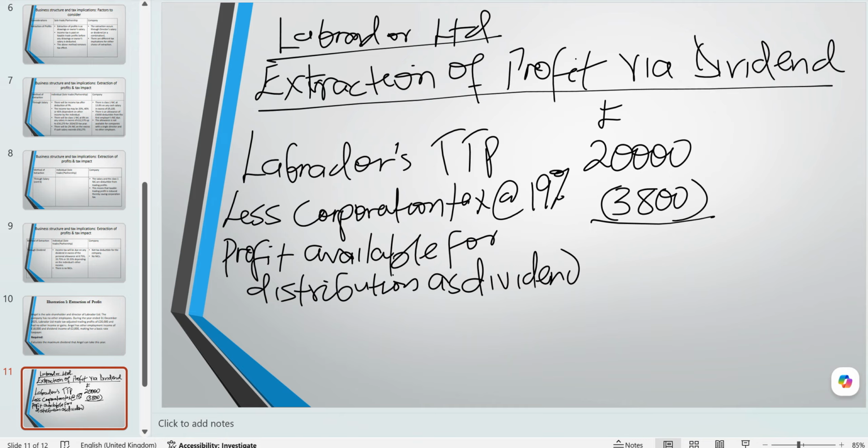So the difference between 20,000 and 3,800 will be 16,200. Then income tax on dividend, meaning income tax on dividend.